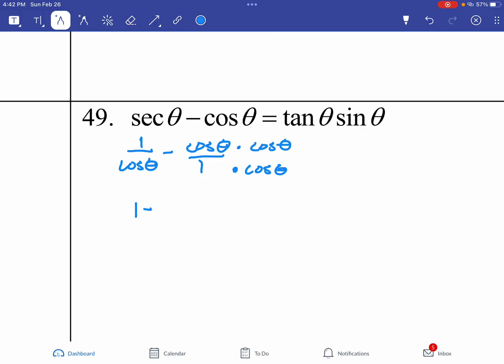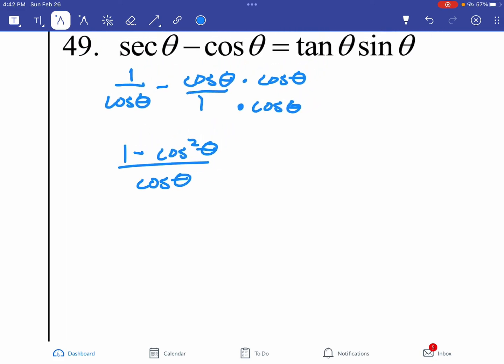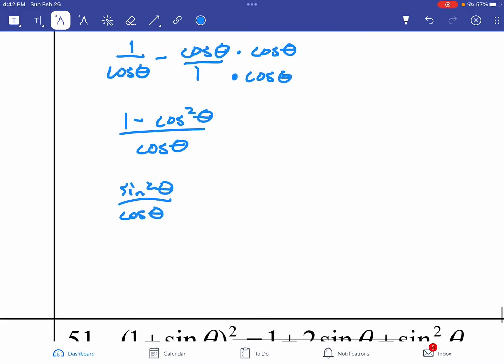So we get 1 minus cosine squared over cosine. The 1 minus cosine squared is a Pythagorean identity. So it's going to give you sine squared over cosine. Now this is where the verifying ones come in handy. I know I've got to get tangent times sine. So what that means is I have sine times sine on the top over a cosine.